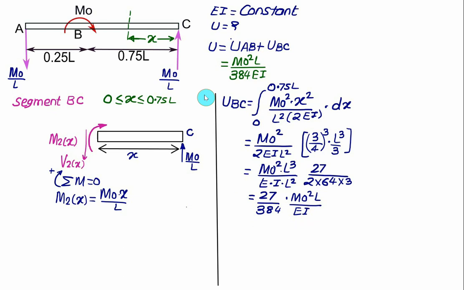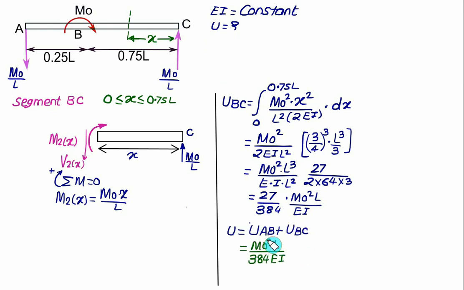And now we already know the value of U AB. So the total strain energy is the strain energy in AB, M0 square L divided by 384 EI, plus 27 divided by 384 times M0 square into L divided by EI. Here 384 is common.